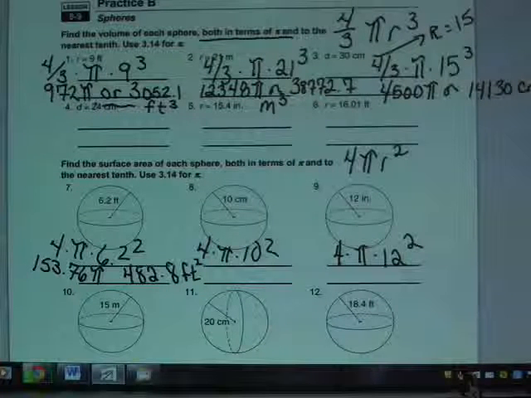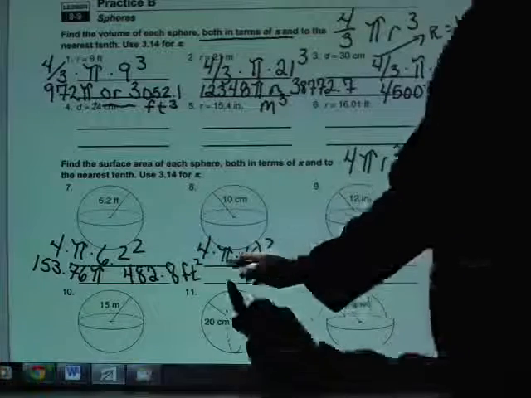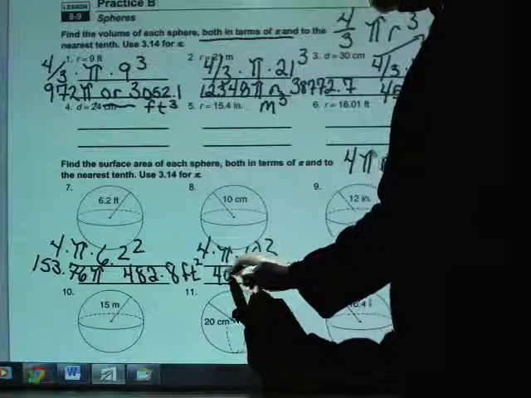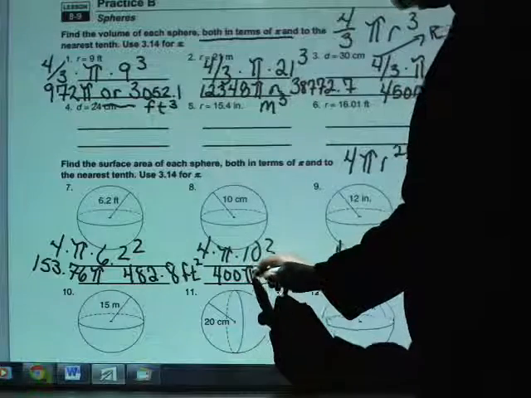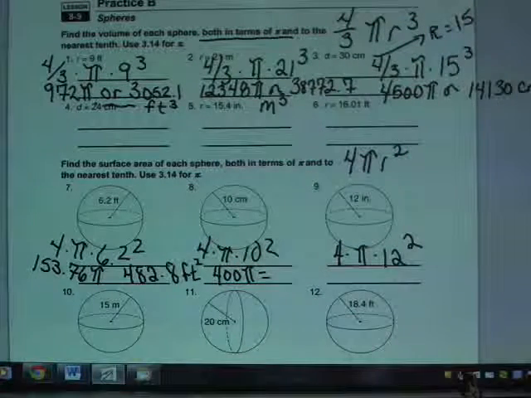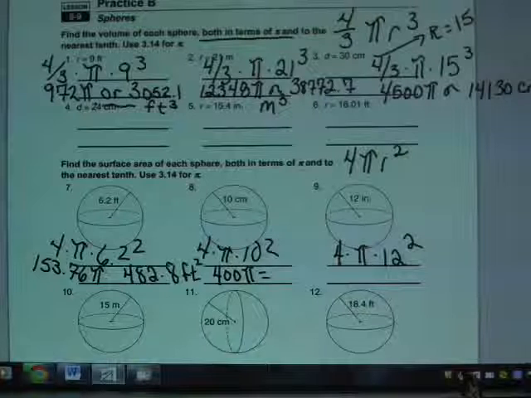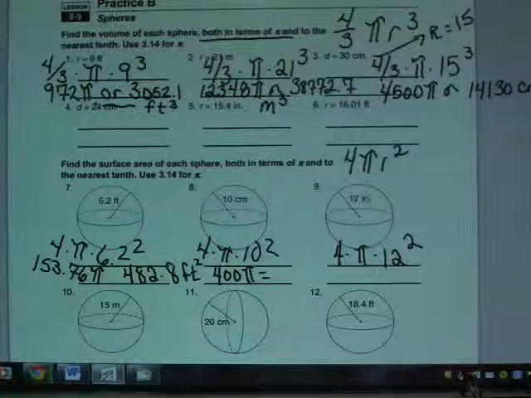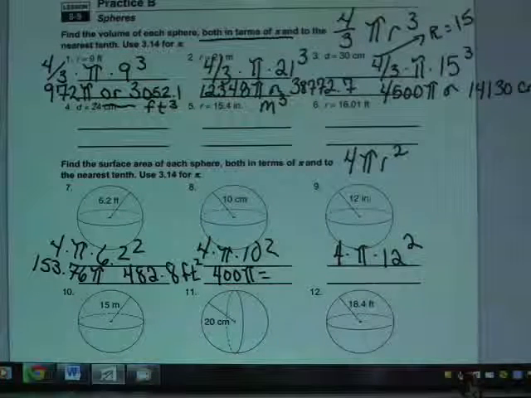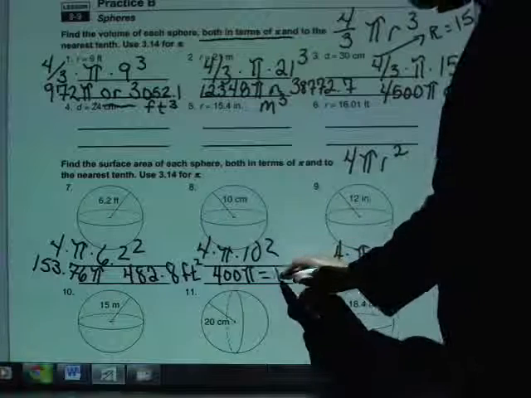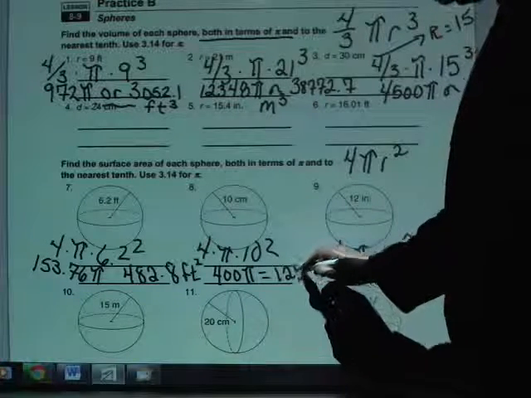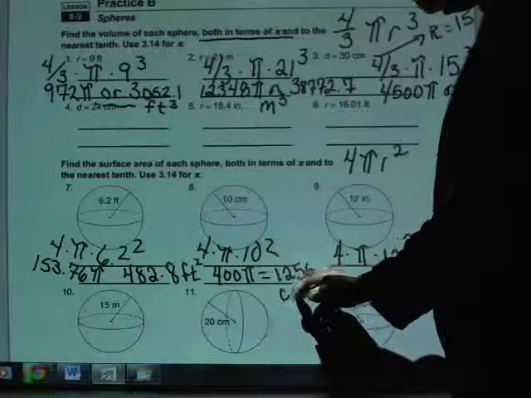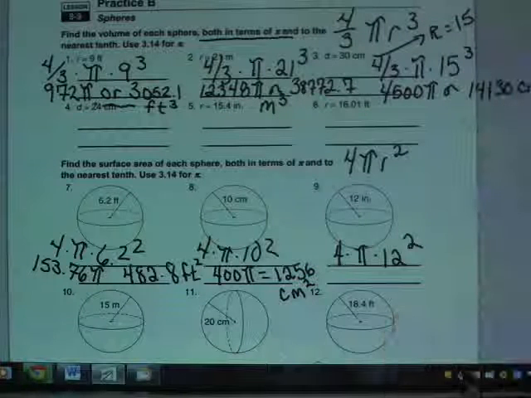Order of operations first, that's 100. Times 4 in the front is 400, so that's 400 pi. This is the same as 400 times 3.14. And that's 1256 even, so I don't even have to round that one. And that's going to be centimeters squared.